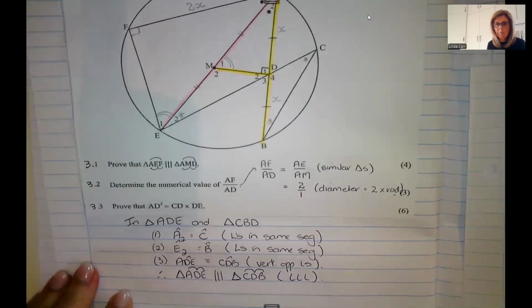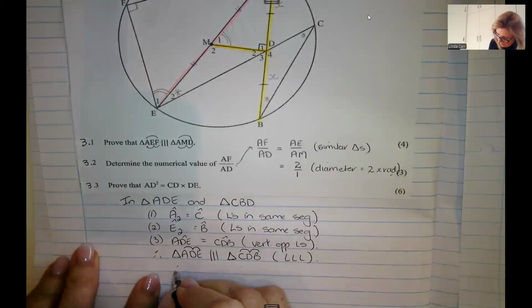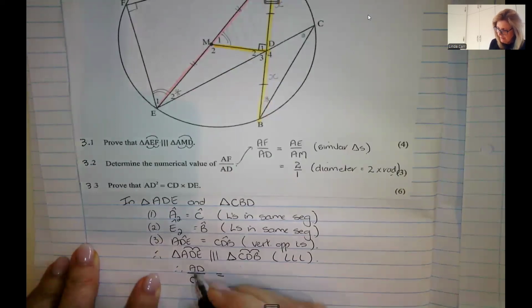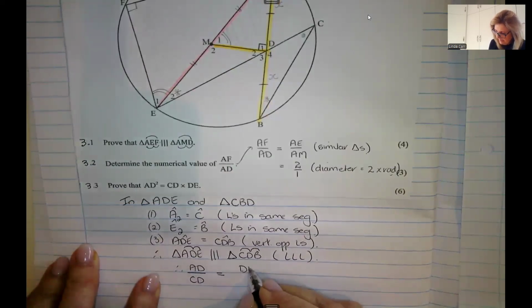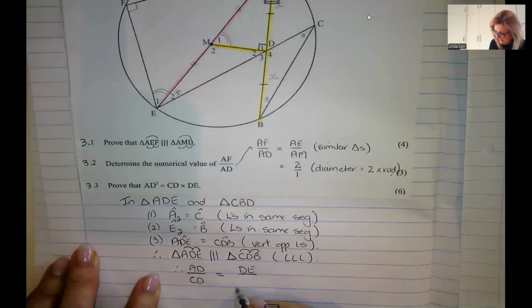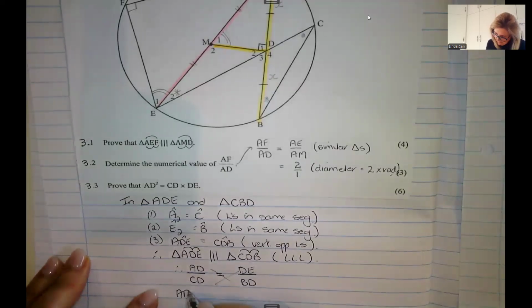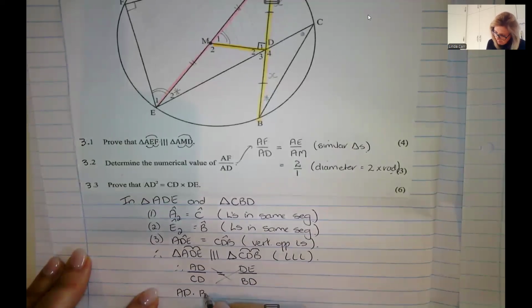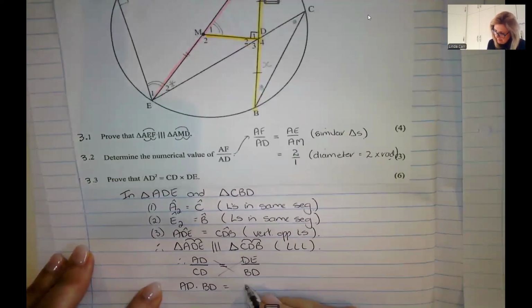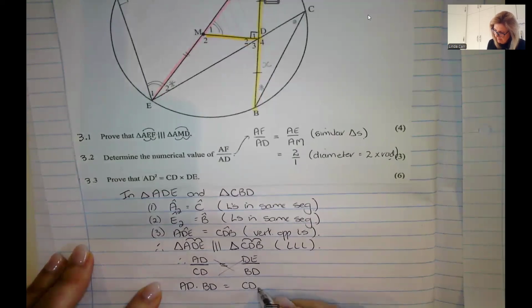So if I get my proportionality right, it's going to be AD over CD is the same as DE over BD. Cross multiply: AD times BD is the same as CD times DE.